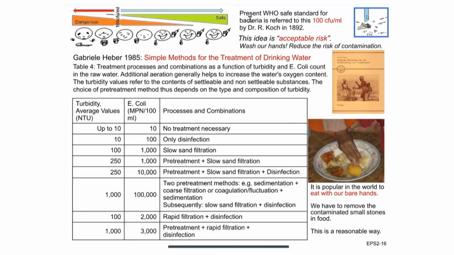The present WHO safe standard for bacteria refers to 100 colony forming units per milliliter, as reported by Dr. Robert Koch in 1892. This idea is acceptable risk. Washing our hands reduces the risk of contamination. This is the basis for getting safe water.